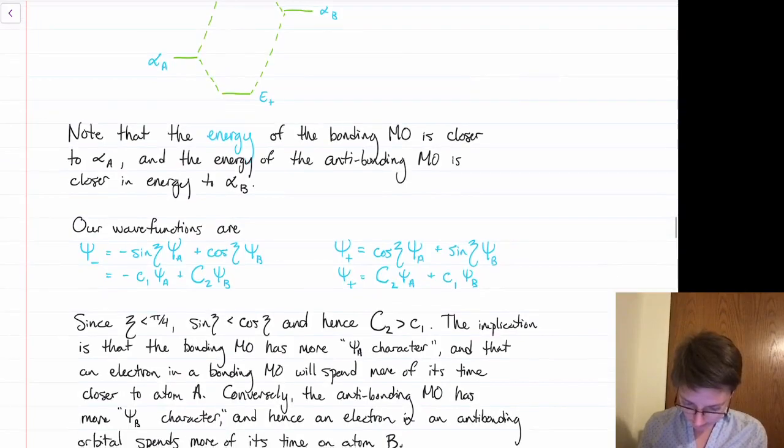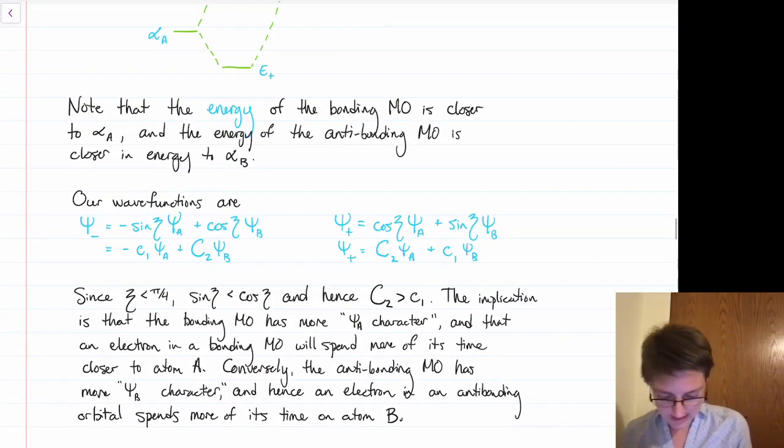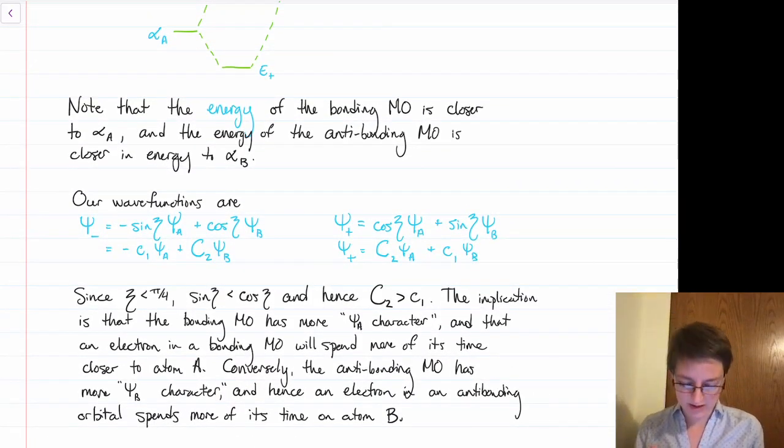We can take a look at what our wave functions look like, and what we know, because of how sines and cosines work, is that cosine zeta and sine zeta would be equal at pi over 4. So if we're closer to 0, that means that sine zeta is going to be smaller than cosine zeta.